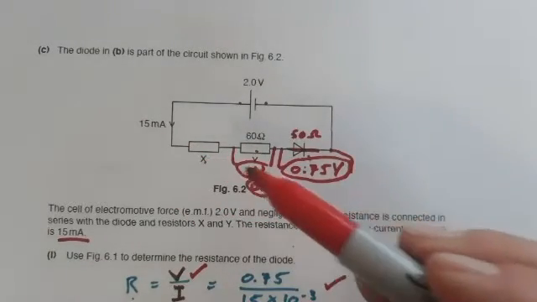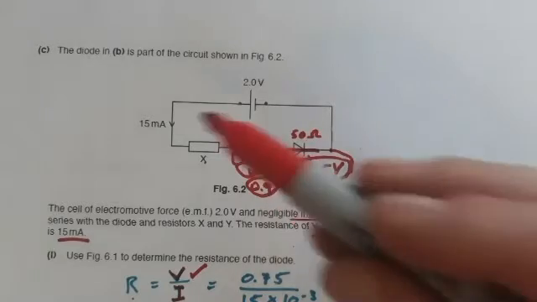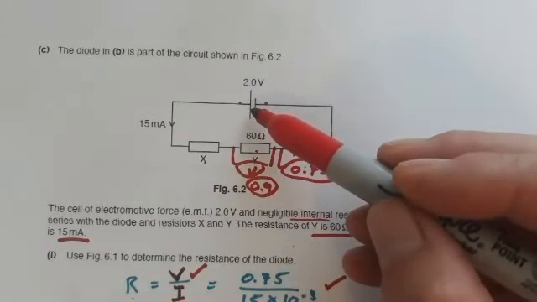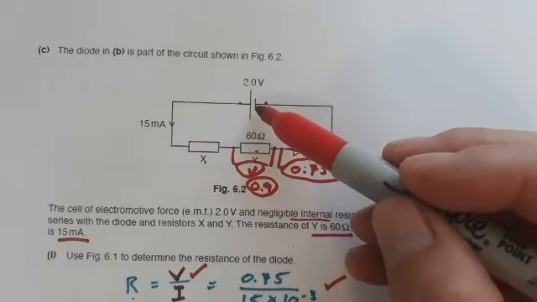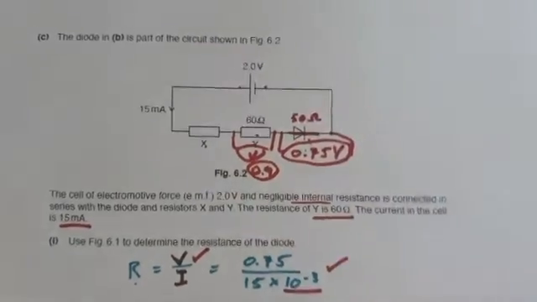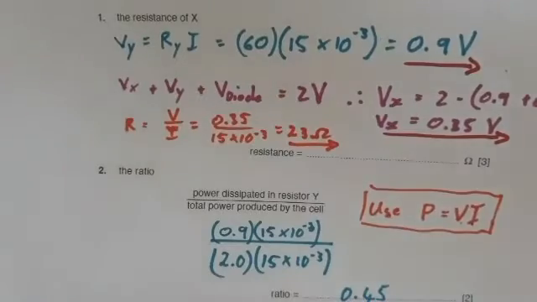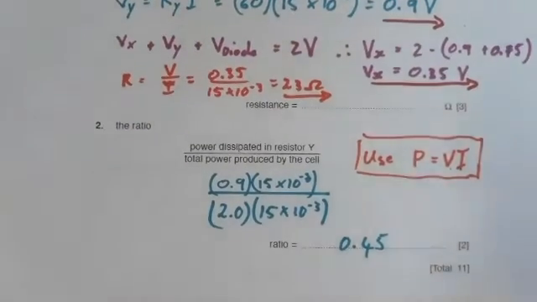My current stays the same in a series circuit, so we've got that. We also know that's the current in my battery, and my EMF is the potential difference over my battery, as there's no internal resistance. So those are the values that I use to get to my ratio.